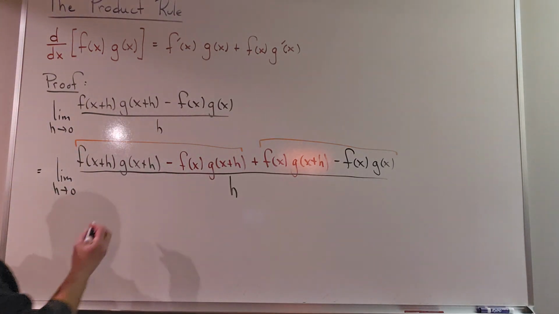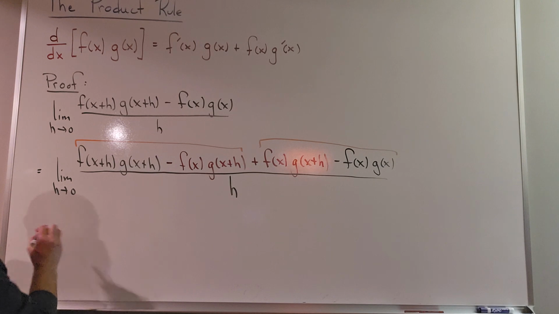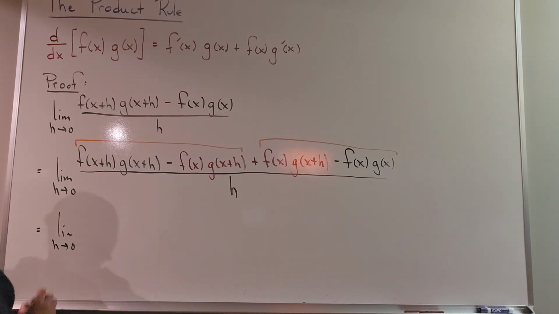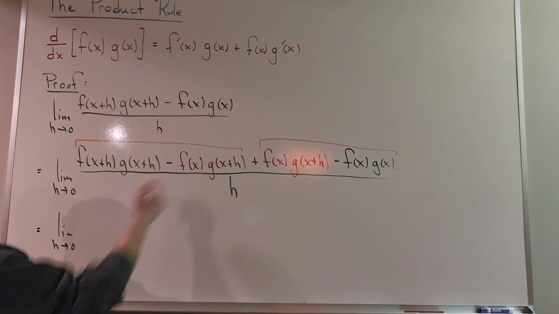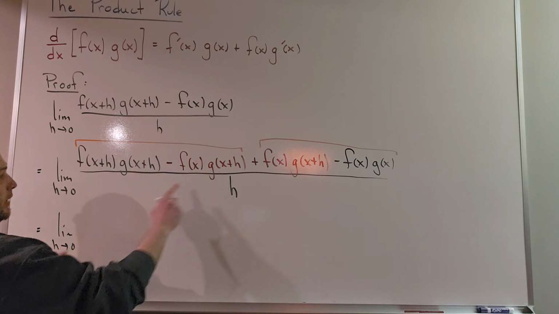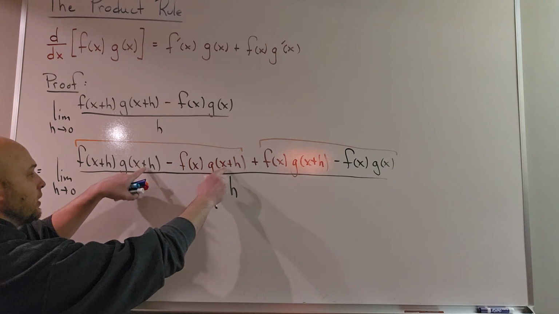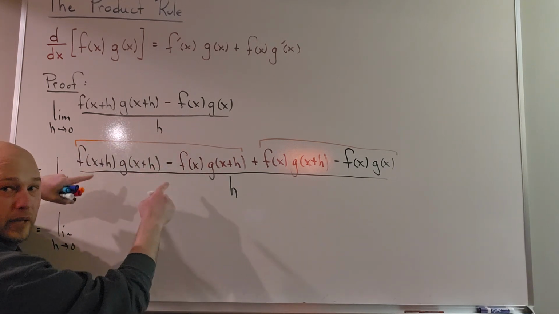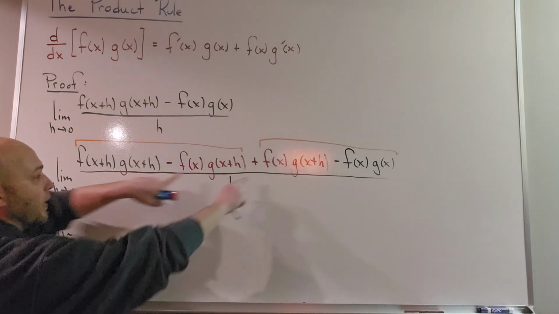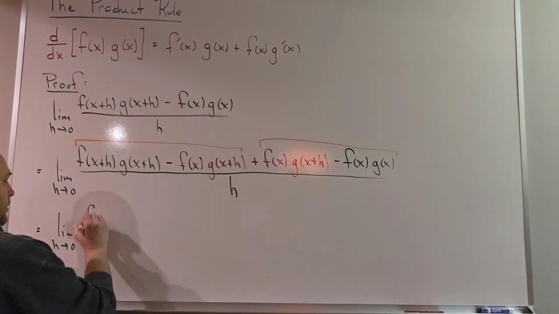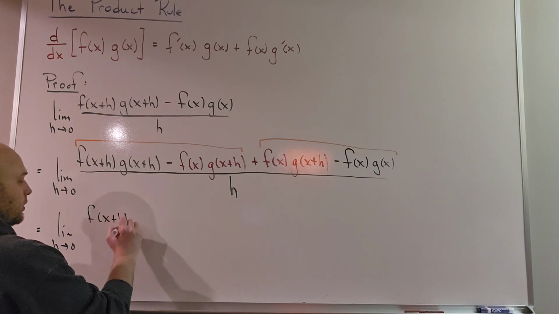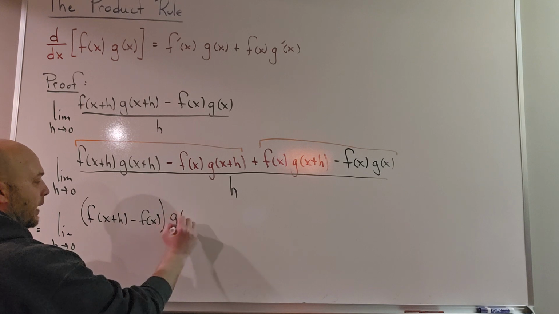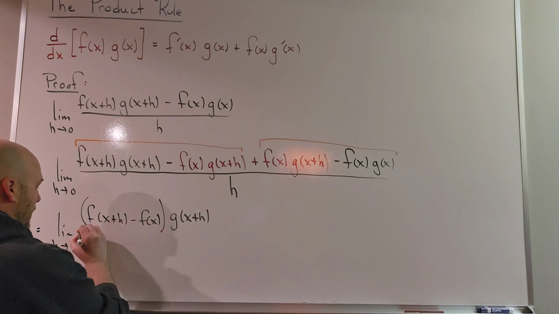All right, let's rewrite this limit statement while factoring those out. This gives me the limit as h goes to 0. And again, I factored out g of x plus h. Traditionally we put that in the front when we factor something out, but multiplication's commutative, so I'm going to factor it out on the right-hand side. This gives me f of x plus h minus f of x multiplied by g of x plus h.